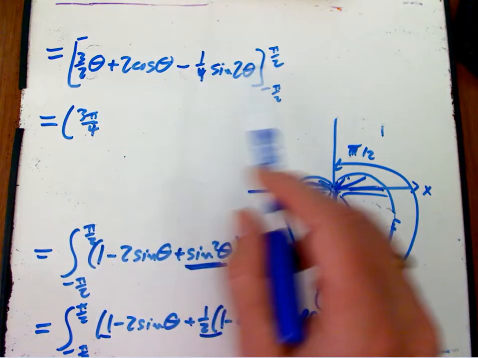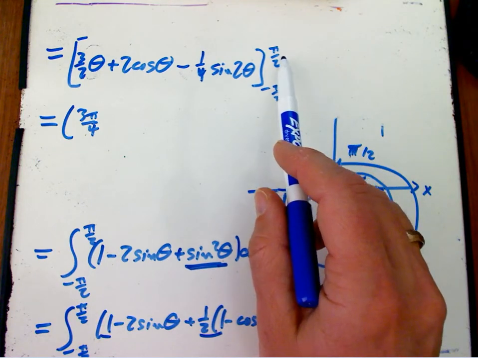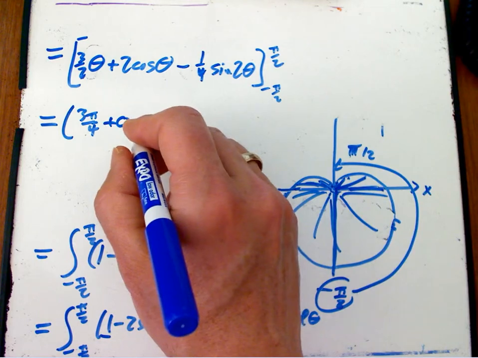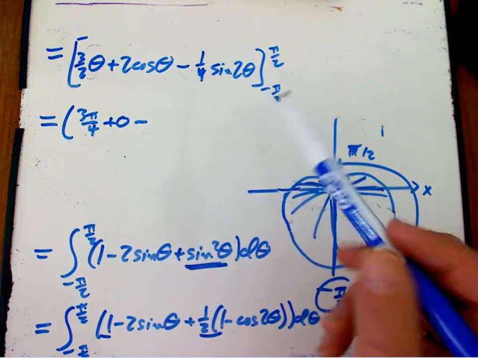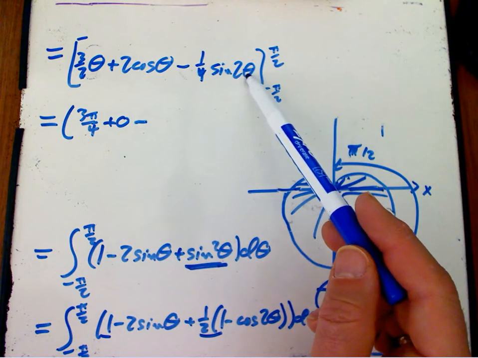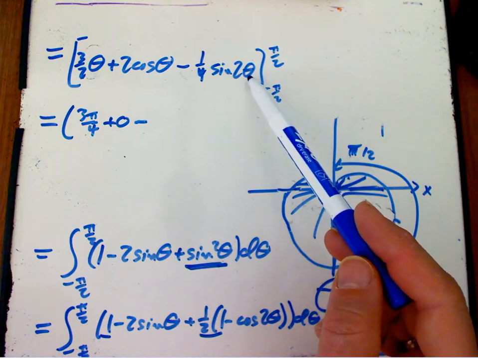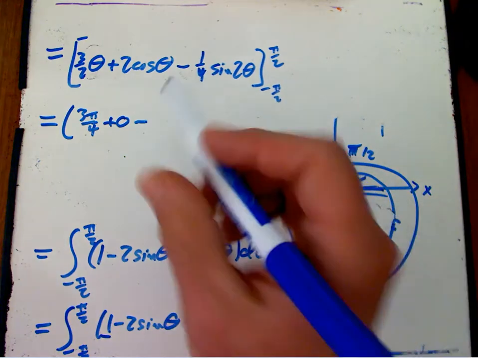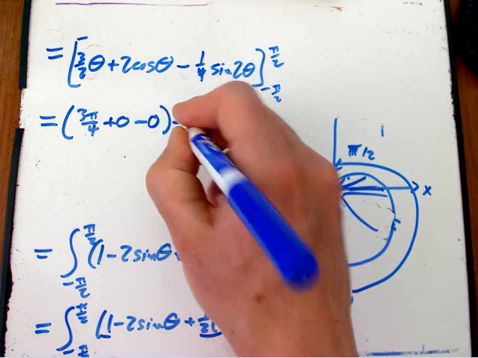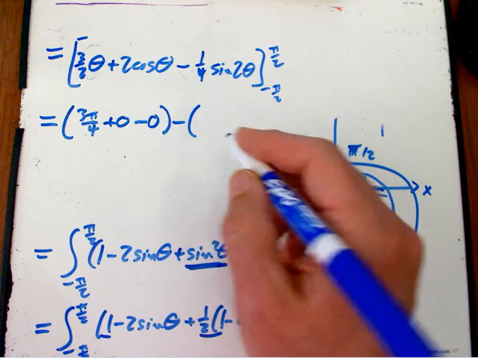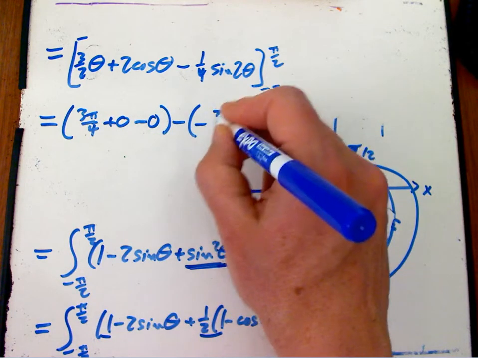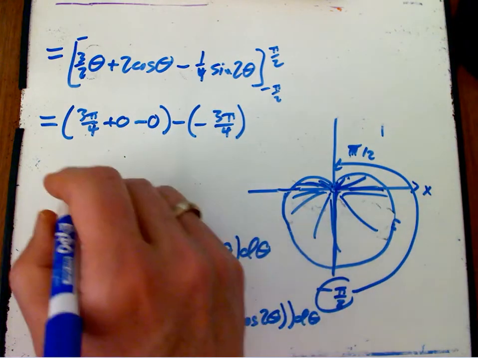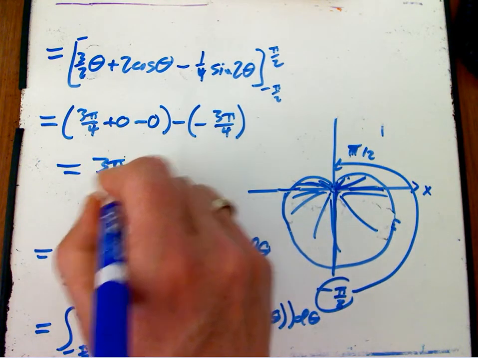Now cosine of pi over 2 happens to be 0, and at minus pi over 2 is going to die as well. Okay, let me just put in the 0 to remind myself I actually did it. And sine 2 theta, that's interesting. That's going to die at pi over 2, and it's going to die at minus pi over 2. So this is actually very nice. And then minus a minus 3 pi over 4. And the other ones still die. And so we're going to get 3 pi over 2.